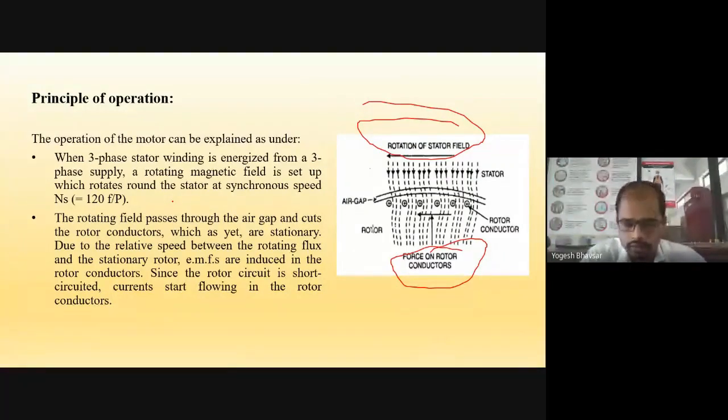And the speed at which the magnetic field rotates is called synchronous speed, that can be calculated by 120 f by P. If this is a 50 Hertz motor and the number of poles are 4, then what will be the speed?